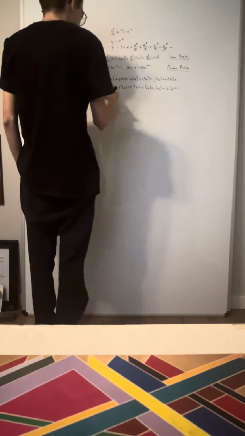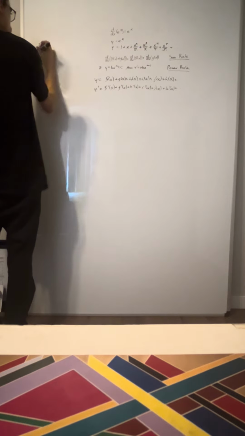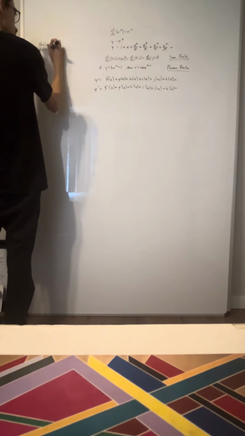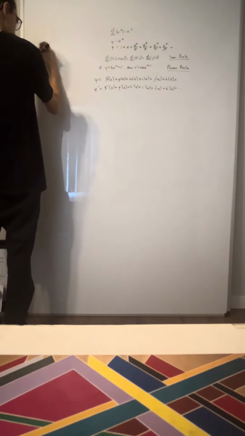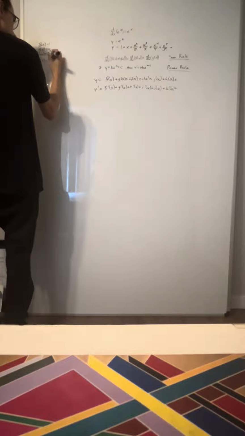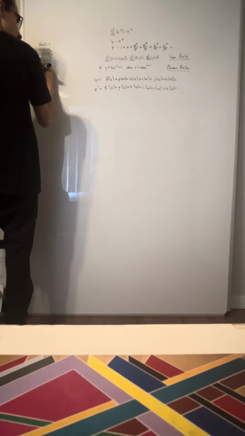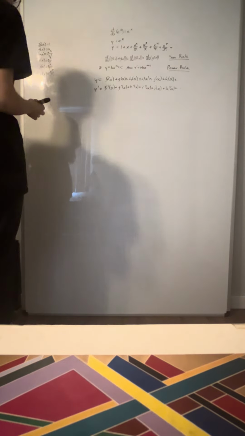We're using our f of x in this case to be 1, g of x is x, and our next piece is h of x equals x squared over 2 factorial, i of x equals x cubed over 3 factorial, j of x equals x to the 4th over 4 factorial, and k of x equals x to the 5th over 5 factorial.